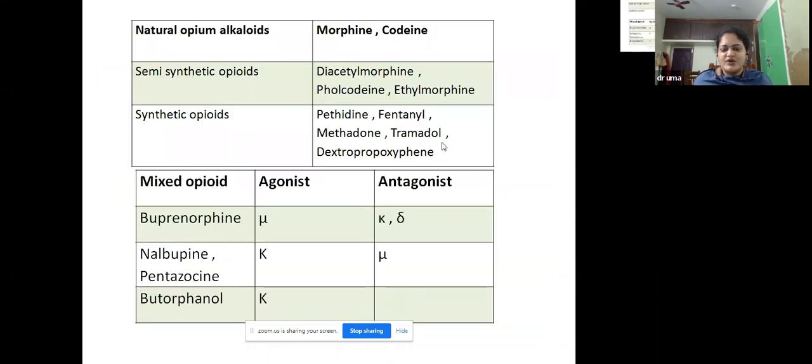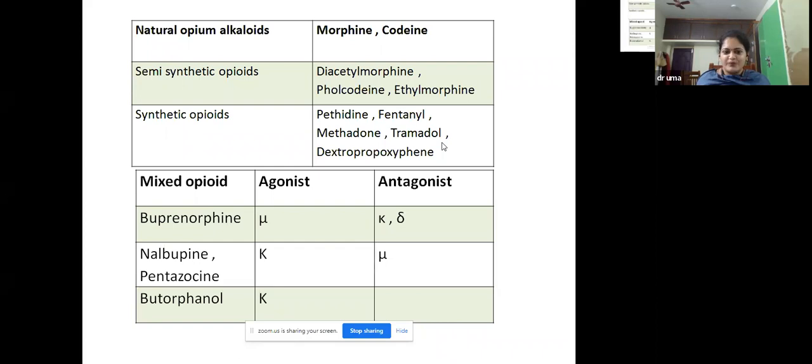Natural opium alkaloids are morphine and codeine. Semisynthetic are diacetyl morphine and ethyl morphine. Synthetic are pethidine, fentanyl, methadone, tramadol, and dextropropoxyphene.